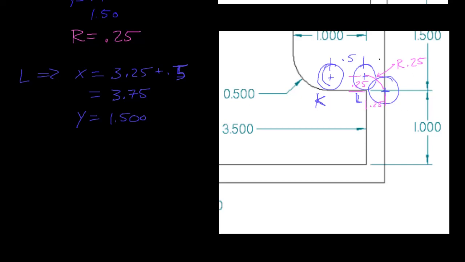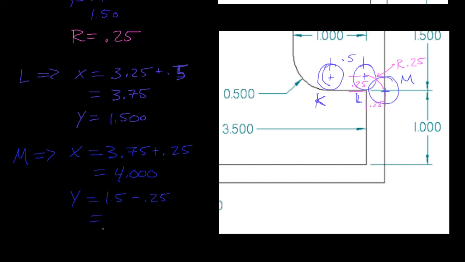So this is point M. Point M is moving over 1/4 inch in the x direction, so 3.75 plus 0.25 is equal to 4.0 inches, and then it moves down as well, so y is equal to 1.5 inches minus 0.25 inches, which is equal to 1.25.